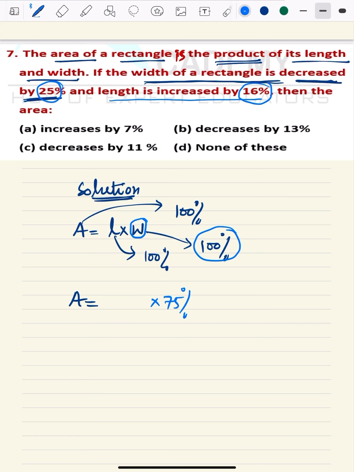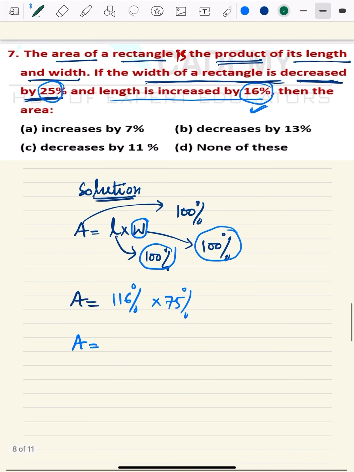In the starting it was 100%, now 16% is increased, so this would be 116%. Now area is equal to, we know that this 116% simply means 1.16, multiplied by this 75%, which means 0.75.